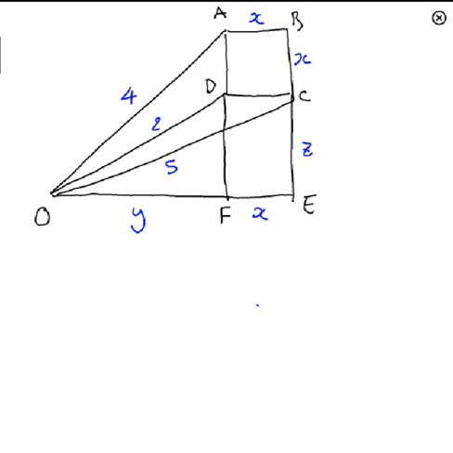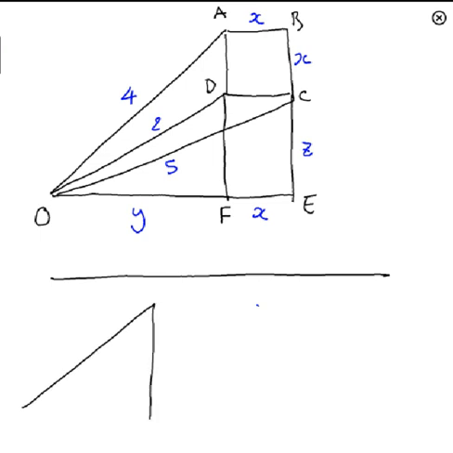So the first right-angled triangle is this one. That's O, A, F. What do we know? We've got 4 there, we've got Y there, and so we should know that this is the square root of 16 minus y squared by Pythagoras' theorem.